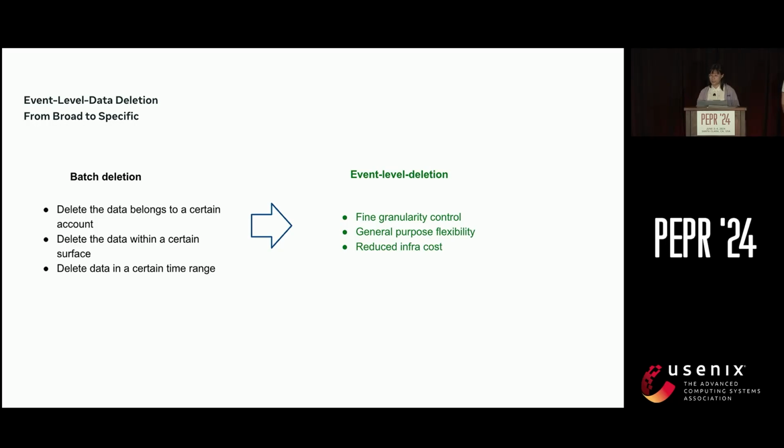So with the growing need to embrace a user-centric philosophy and improve cost efficiency, we aim to explore a new design with the following focus areas. First, we want fine-granularity control of data deletion down to the event level. Then, because it's event level, we want to make it versatile to meet different purposes, not just fixed for a certain scenario.